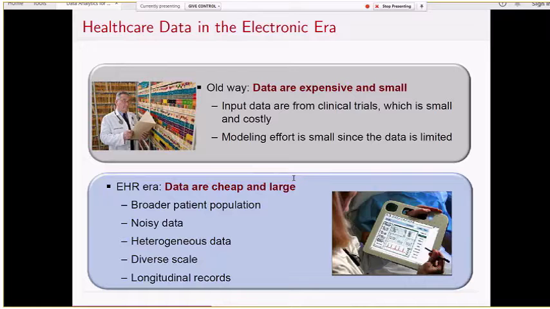Our world has been becoming digital in every domain, and healthcare is one of the domains where big data is penetrating and becoming one of the big players.